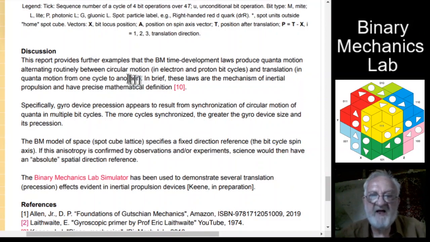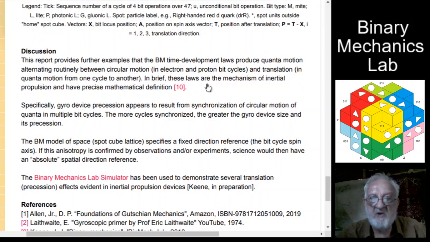This report provides further example that the time development laws in binary mechanics produce quantum motion alternating routinely between circular motion in electron and proton bit cycles and translation in quantum motion from one cycle to another.